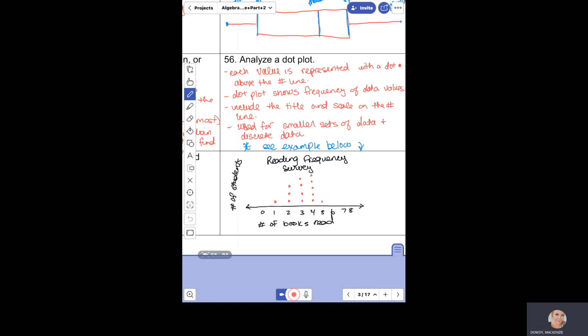Sorry, 4 students that read 5 books. 2 students that read 6. 1 that read 7. And none that read 8. So that is a dot plot. It's just each student surveyed is represented by 1 dot.